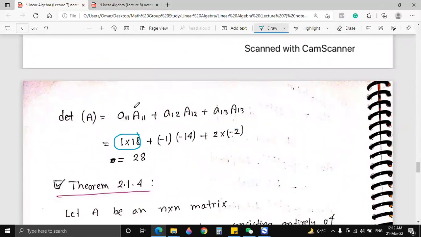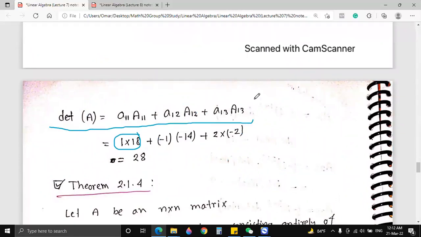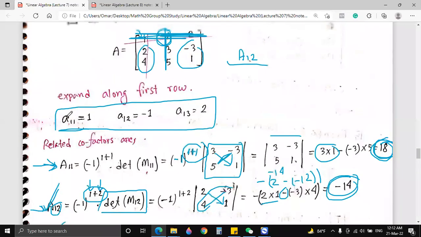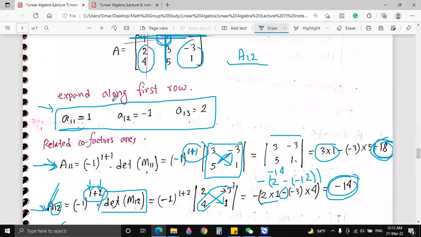The determinant of A will be small a11 into capital A11 plus small a12 into capital A12. So we already calculated all these values, right? So now we just need to substitute the values back here. So expand along the first row.